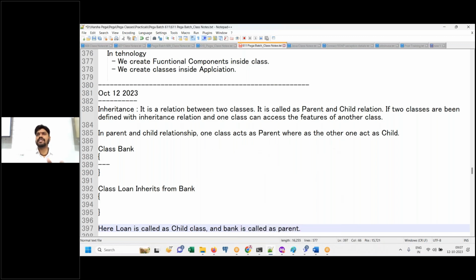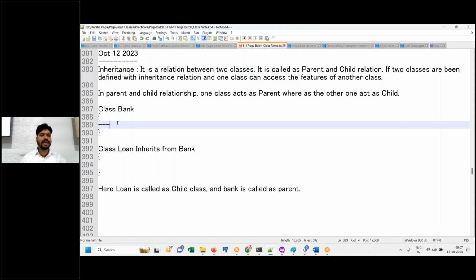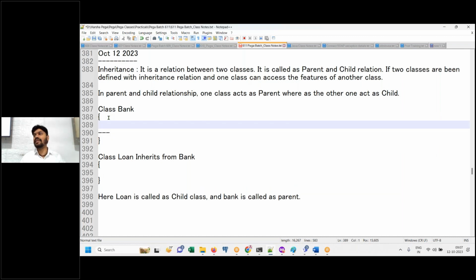This is a general concept, not only related to Pega. Wherever you go, anywhere in this world, the object-oriented programming system is the same. It will not change. I am saying this universally. Okay, so here, let's say in a bank, tell me any one parameter in the bank.